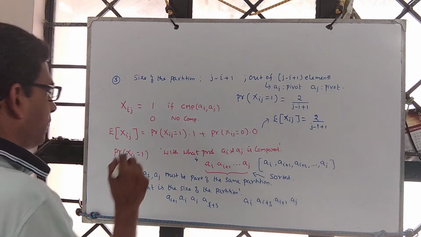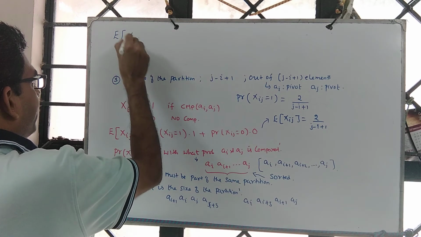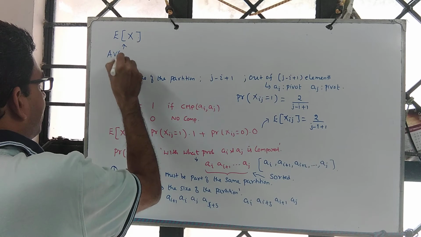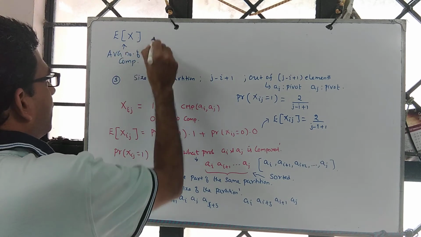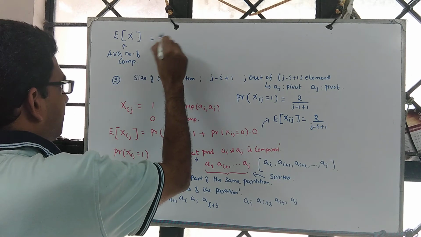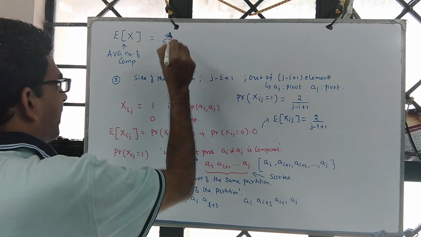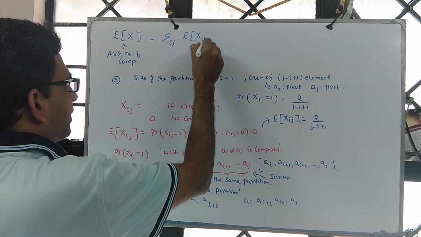Correct? Now what is the value of E of X? E of X is precisely the average number of comparisons. To estimate this, you bring possible values for i, j and the expected value of this.